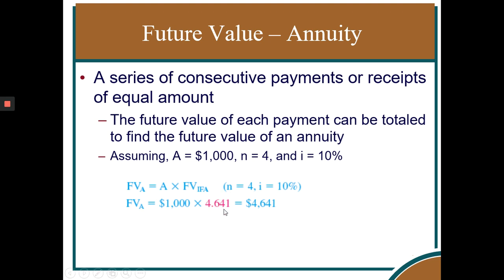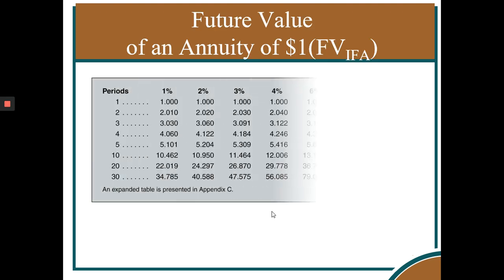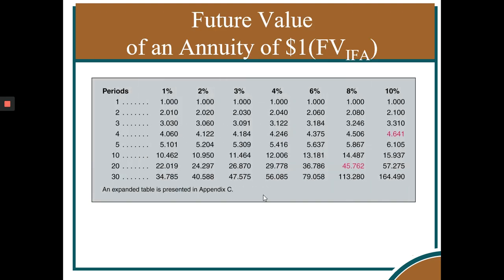So 1,000 times 4.641, you'll be getting 4,641. You can use the future value annuity table where i is 10% and n equals 4, and you can find this amount.